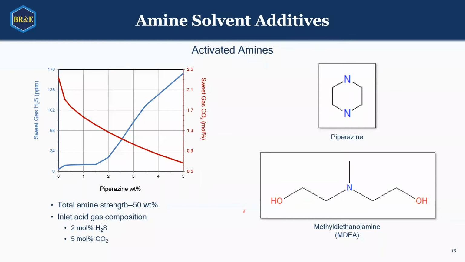Now there are more possibilities, and you don't always need to use just one solvent or amine, like ethanolamine, but you can actually use blends of them, and that's very common in industrial practice. For example, with MDEA, since it's a tertiary amine and it's slowly reacting with the CO2, we can use a mixture of piperazine with MDEA and of course with water, and it will help to pick up the CO2.